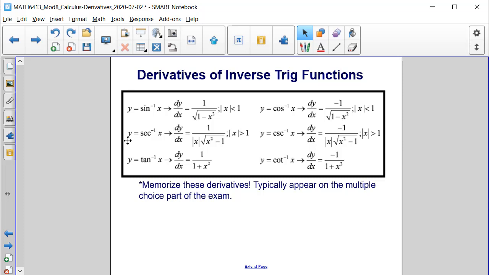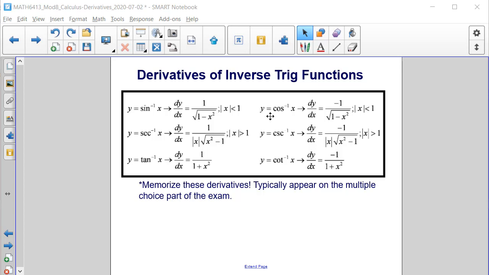And then if y equals the inverse secant of x, the derivative of y with respect to x is equal to 1 over the absolute value of x times the square root of x squared minus 1. And that is true given that the absolute value of x is greater than 1. For inverse tangent, the derivative of inverse tangent with respect to x is 1 over 1 plus x squared.